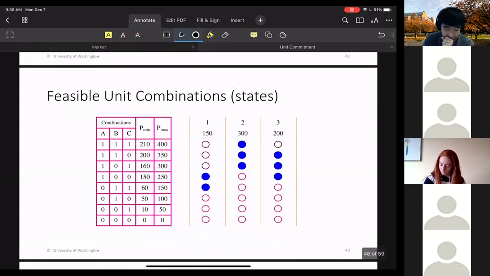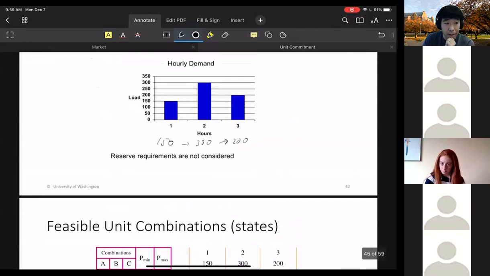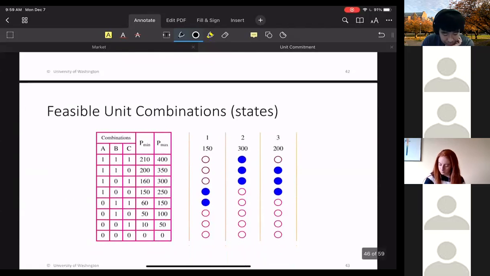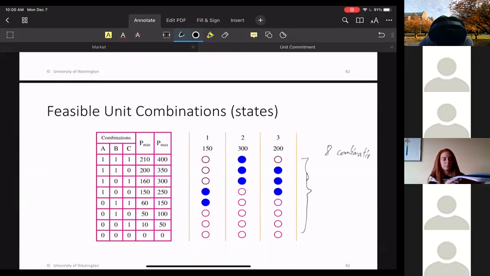Okay. So then let's look at how we solve the problem. For this kind of small problem, it's better to think of this in a graphic way. The way we're going to think of this kind of problem is to look at the 8 combinations associated with the status of the units.